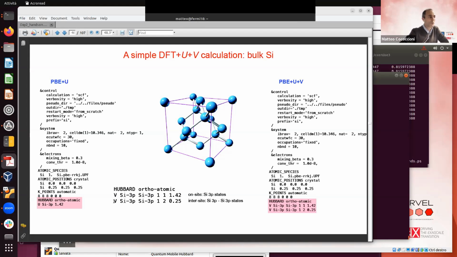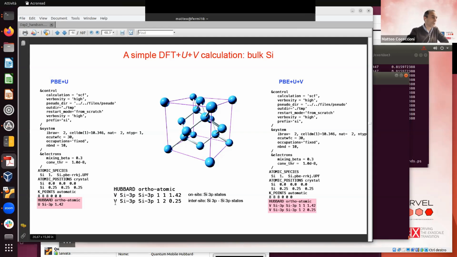So if you have, say, a transition metal atom sitting at the center of an oxygen octahedron, you need to put the V between the central transition metal and one of the oxygens, provided they are the same distance from the center. And the code will automatically use the same V for all the 6 bonds between a transition metal and its nearest neighbor oxygens.